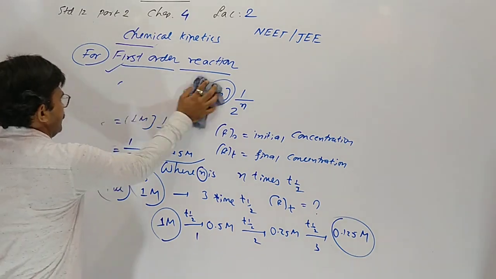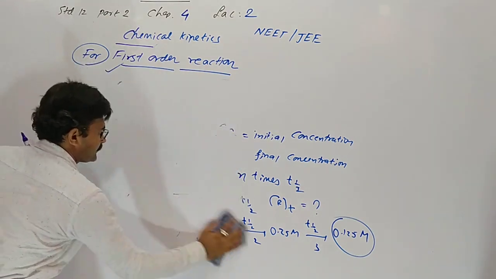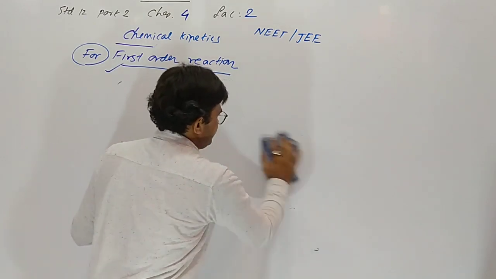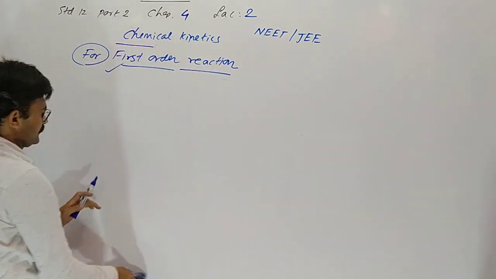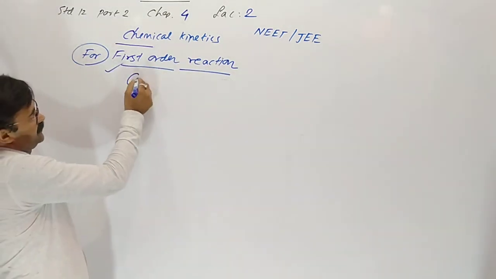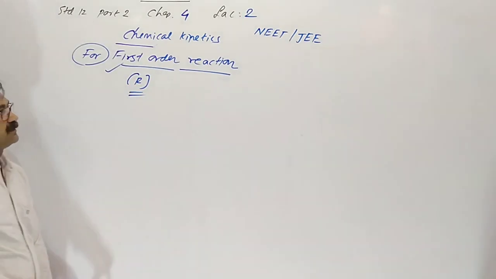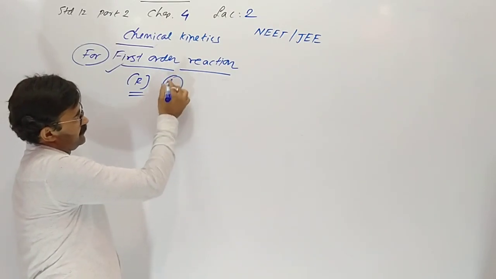Now I am giving you another formula for first order. The concentration of reactant is R, and we assume it as 1 part.